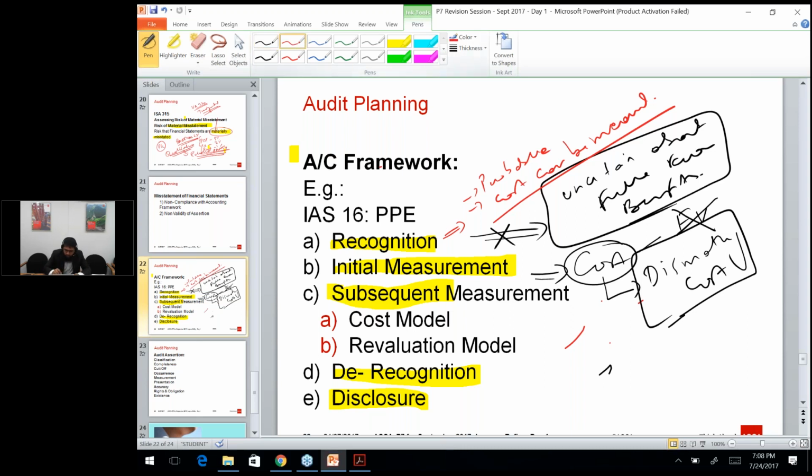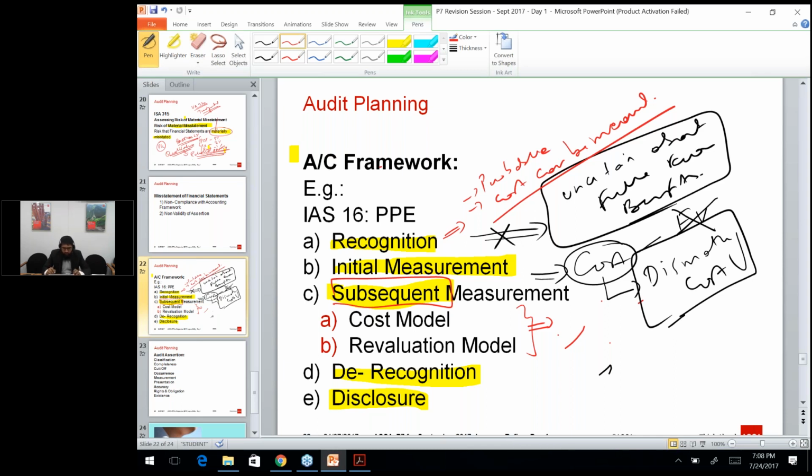Next, when we talk about subsequent measurement, IAS 16 says that subsequently, property, plant, equipment should be recorded using either the cost model or the revaluation model.